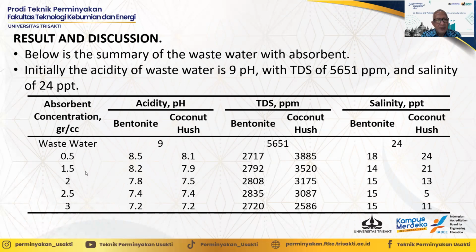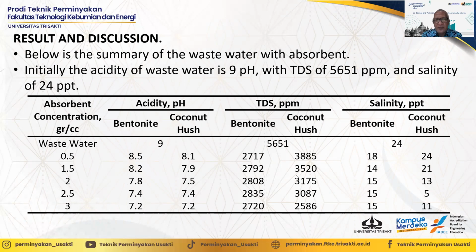And then we increase the adsorbent concentration from 0.5 gram per cc to 3 gram per cc. We can see here that both bentonite and husk decrease the acidity, the pH number decreases, and it tends to get close to neutral.